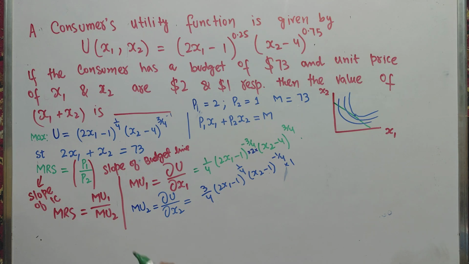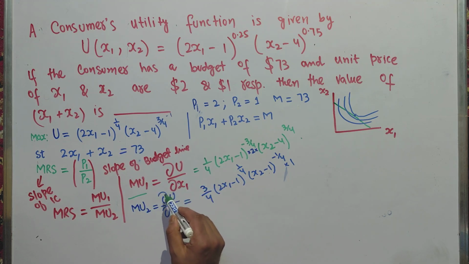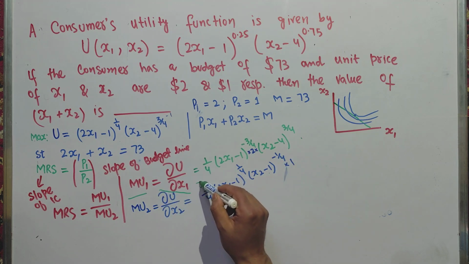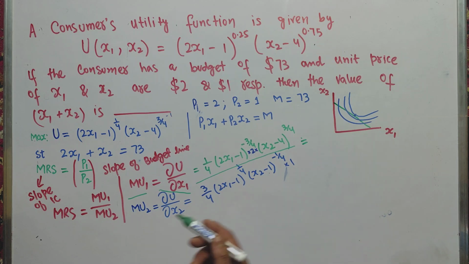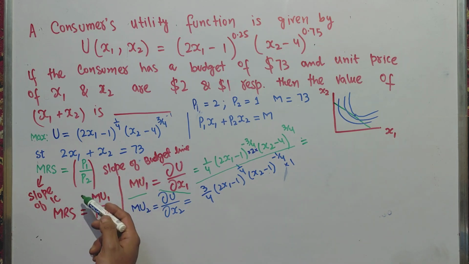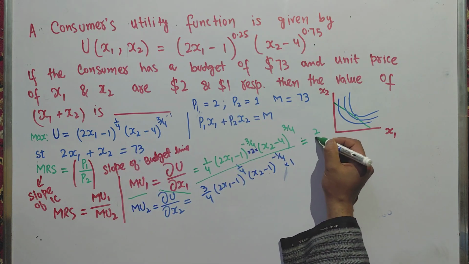Now, as we know, let me see if I have the space left. Yes, I do have. So solving these, mu1 upon mu2 is equal to du upon dx1 divided by du upon dx2. So we divide them with each other, and it should be equal to the ratio of the prices, that is p1 upon p2. p1 is being given to us as 2 and p2 is equal to 1.